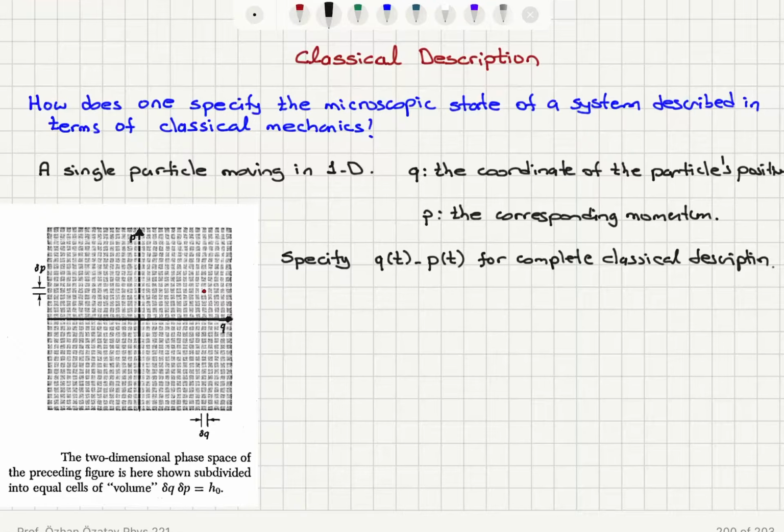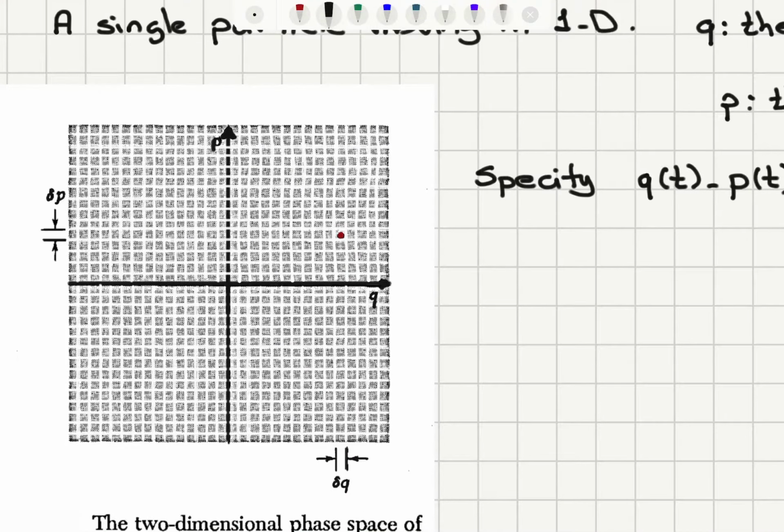So you can see that here I have the PQ phase space.